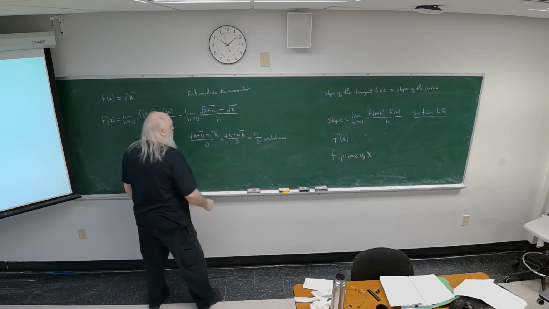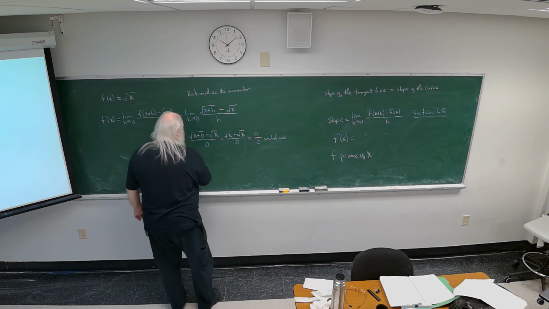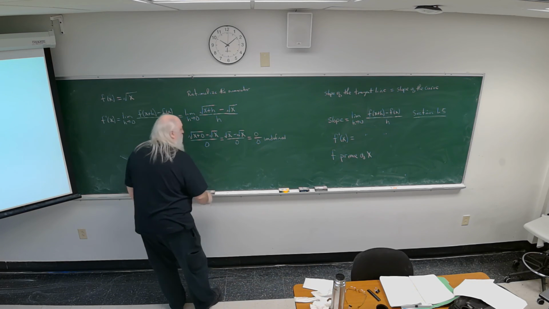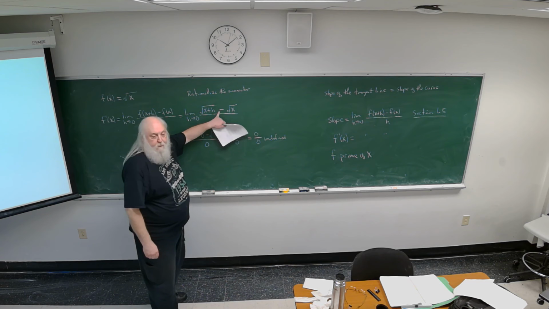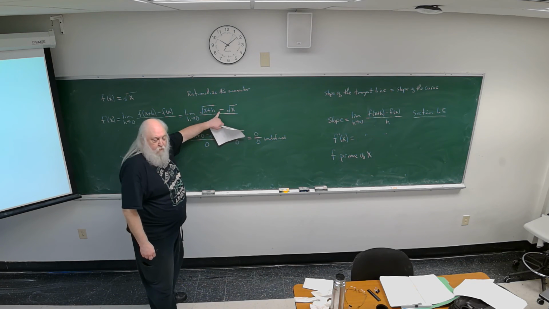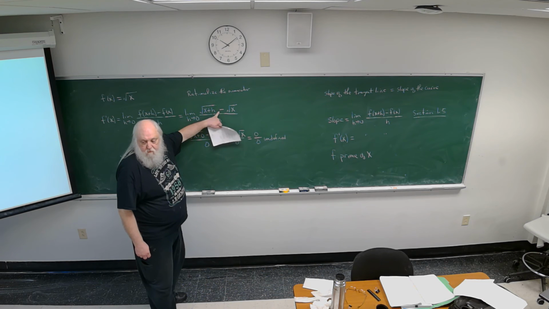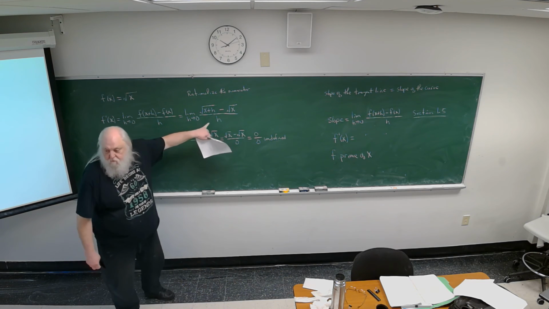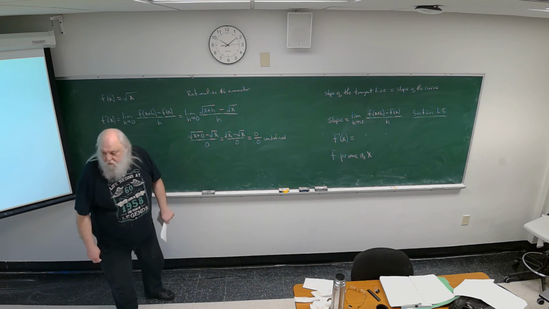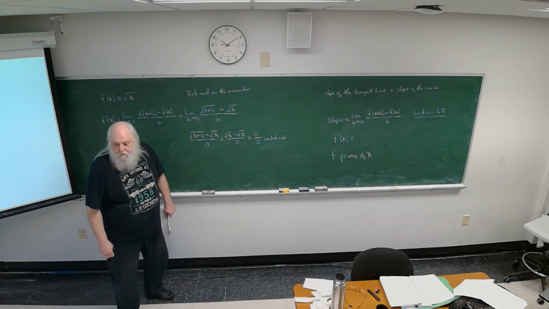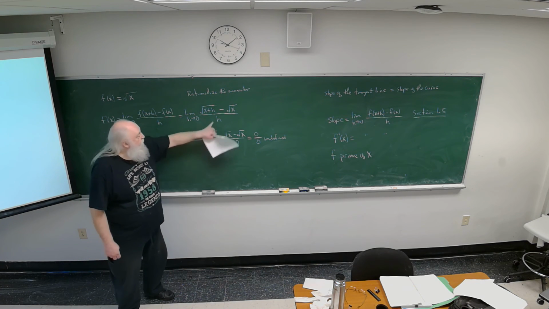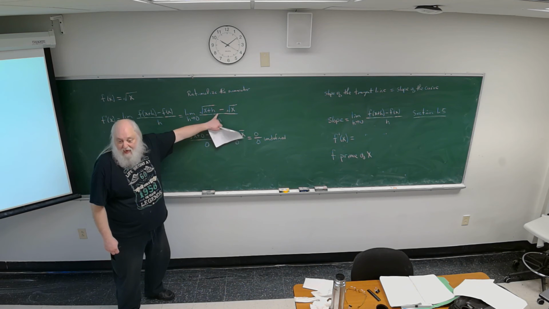Well, does anybody remember, when we're involving square roots, how we rationalized the numerator? Do you remember? We multiplied top and bottom by the conjugate of the numerator. You remember the word conjugate?